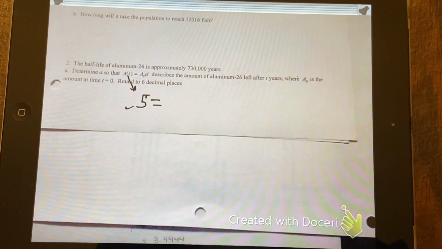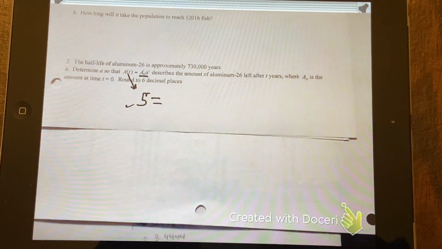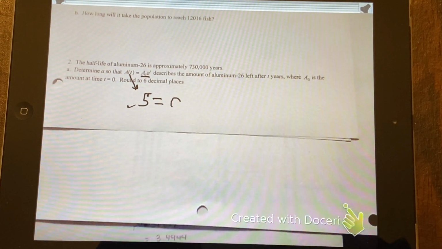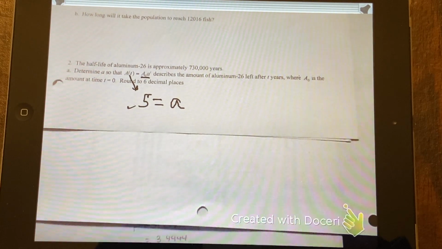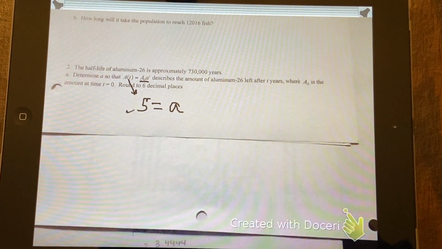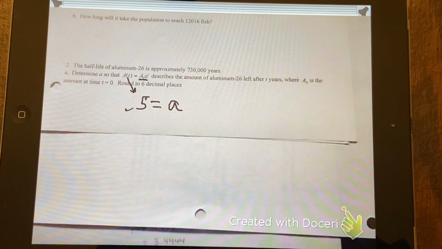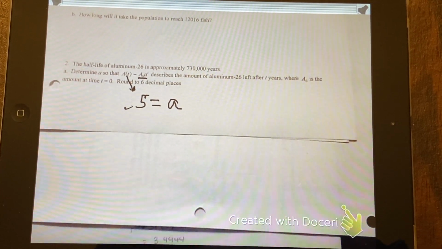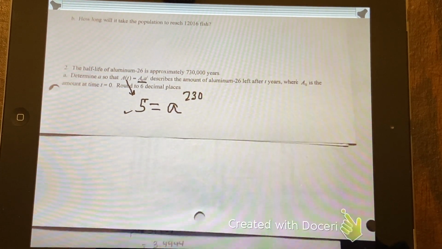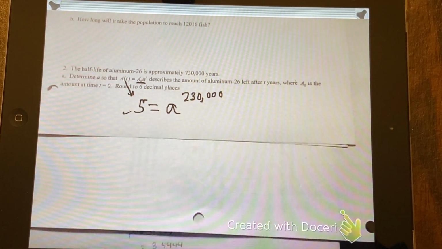I'm looking at this formula right here, and I'm trying to understand what it means. A naught means, how much do I begin with? They don't tell me what I begin with, but what they do tell me is how long it takes me to reach half-life. And so this 730,000 is my exponent.